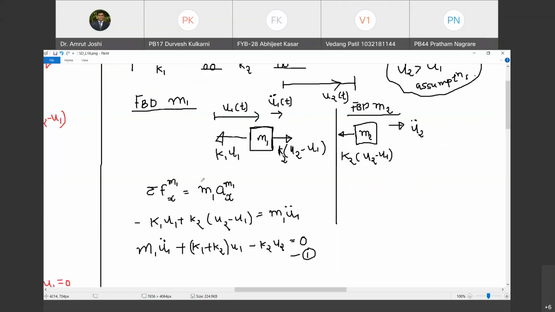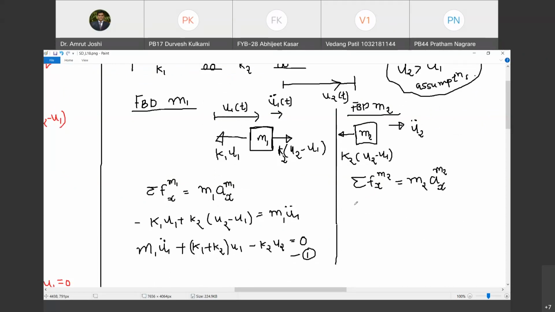So what is Newton's second law? If I apply Newton's second law to this, what do I get? Agreed? Vedant? Yes, sir. So now let us write down.